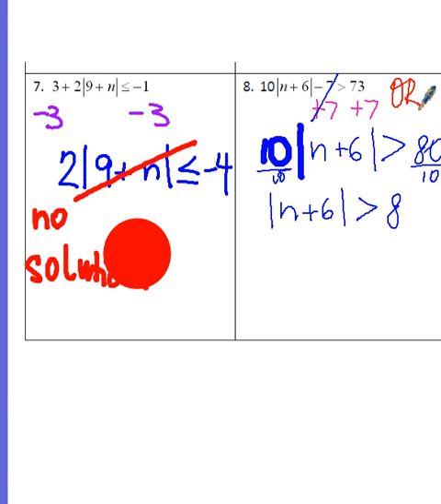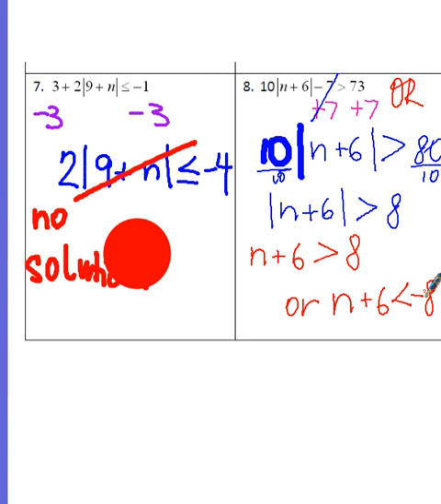And we have to rewrite this as n plus 6 is greater than 8. We copy exactly this problem, just ignoring the absolute value symbols. Or, and now we will copy the left side without the absolute value, n plus 6, and now flipping the sign, less than -8.